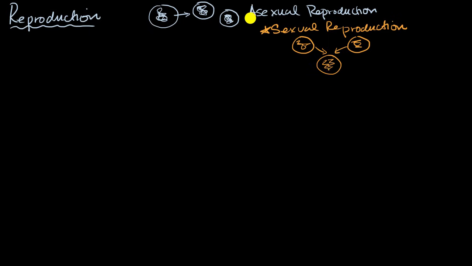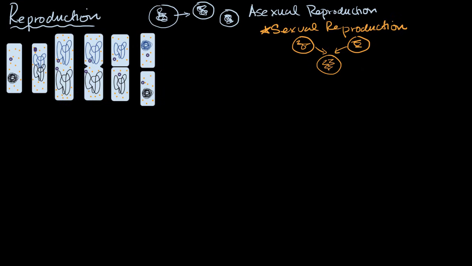Now, to make this a little bit more tangible, let's look at some cases of asexual reproduction and sexual reproduction. So right over here, we see a diagram of a type of asexual reproduction known as binary fission. In general, if you hear the word fission, we're talking about splitting something. If people are talking about nuclear fission, they're talking about splitting of the atom.